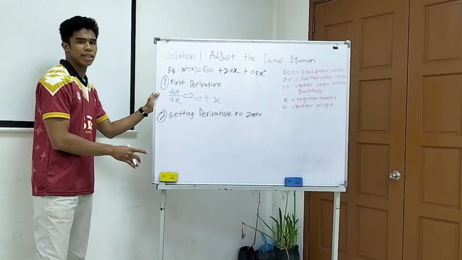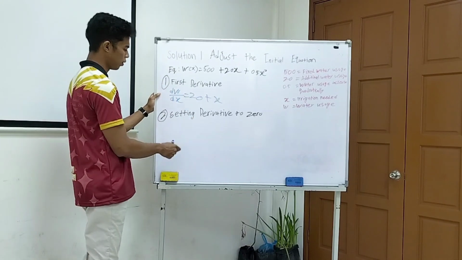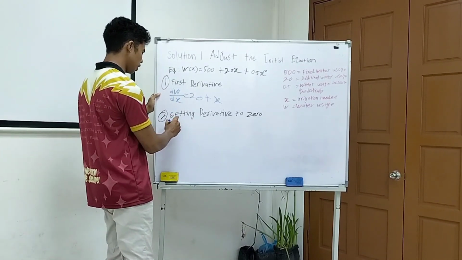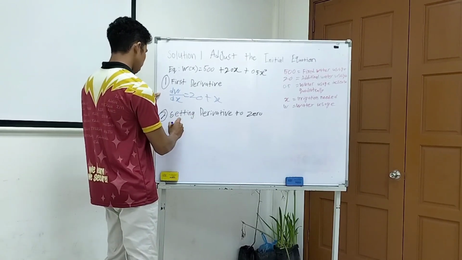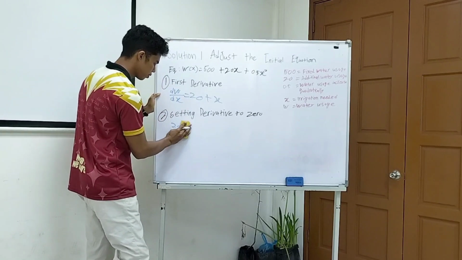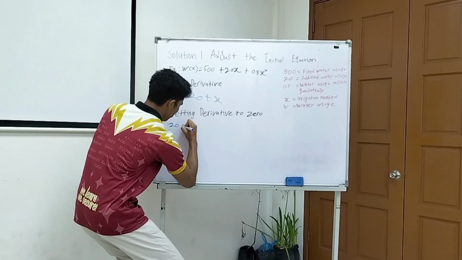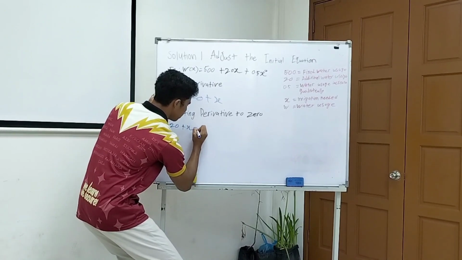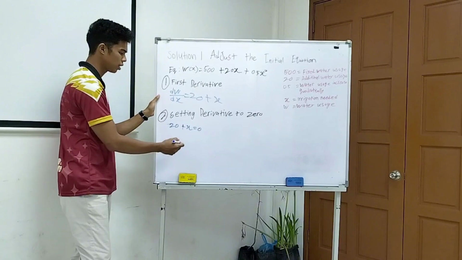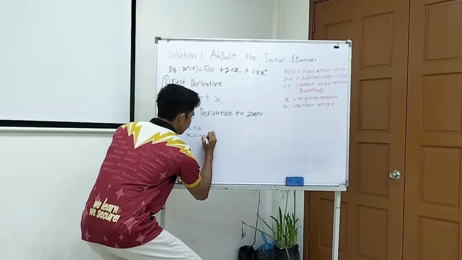The second step, you set the derivative equal to 0, and the equation becomes 20 plus x equals 0. Make x the subject, and it becomes x equals negative 20.